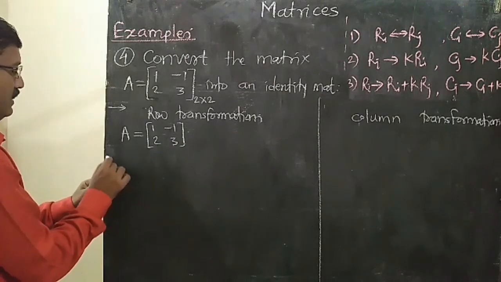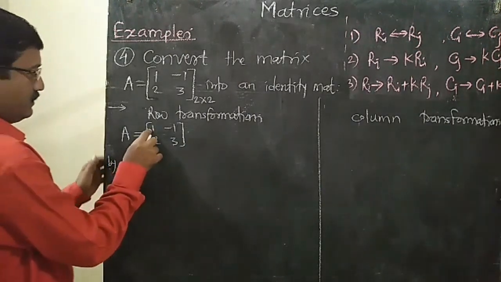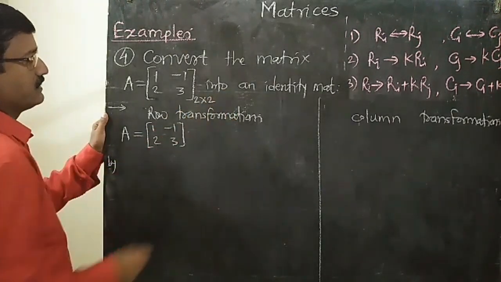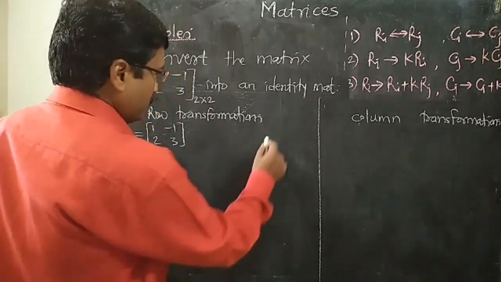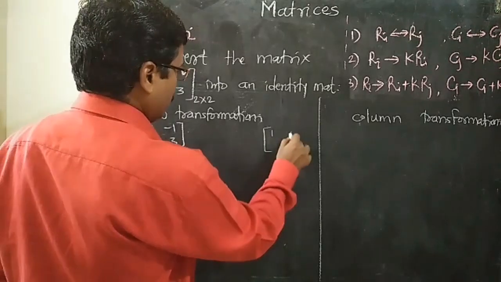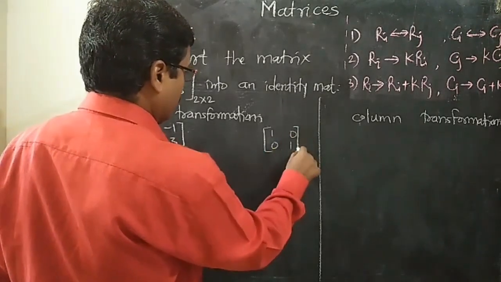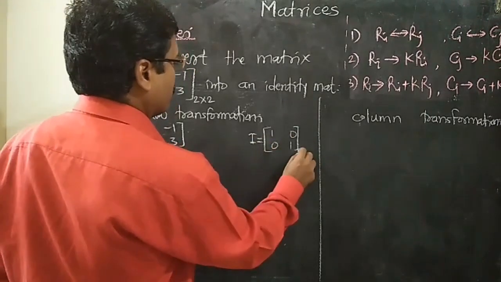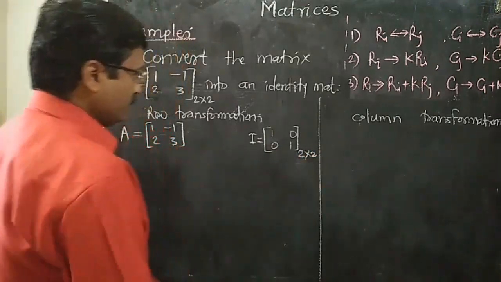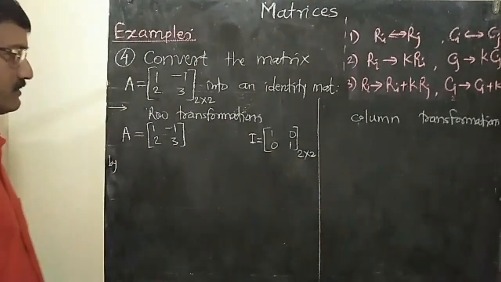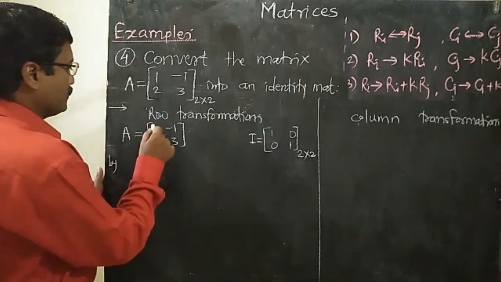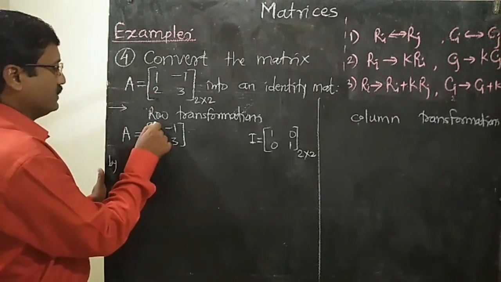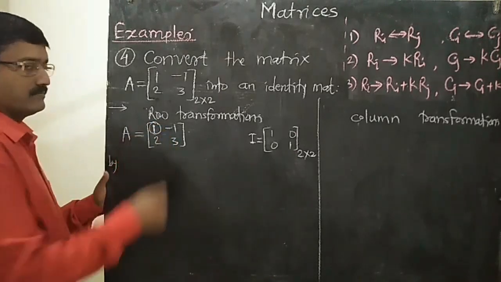The identity matrix of order 2 by 2 is like this, 1 0 0 1. We need 1 at the first row, first column position. Here actually 1 is given. This first element 1 is called the pivot element.